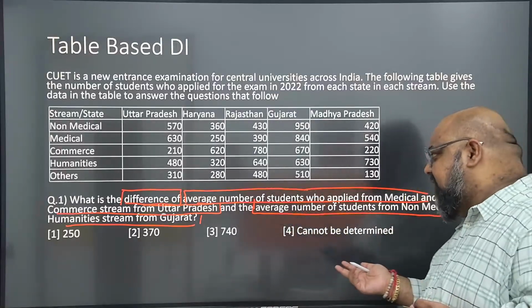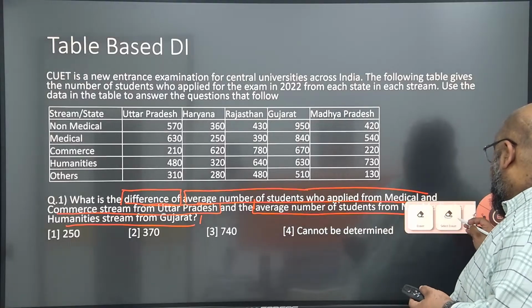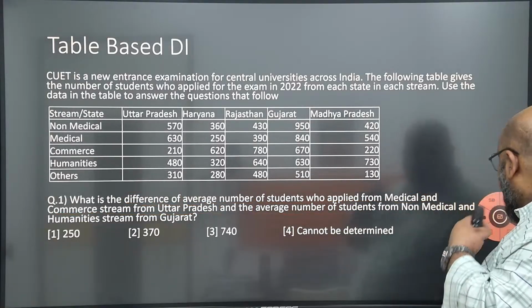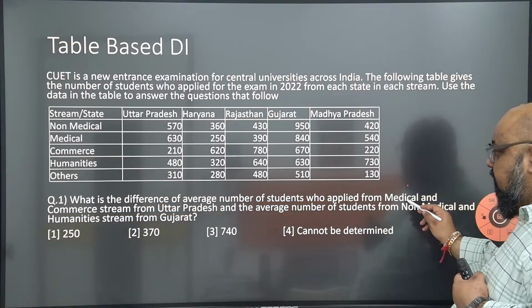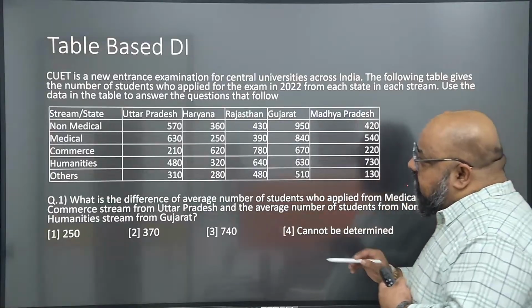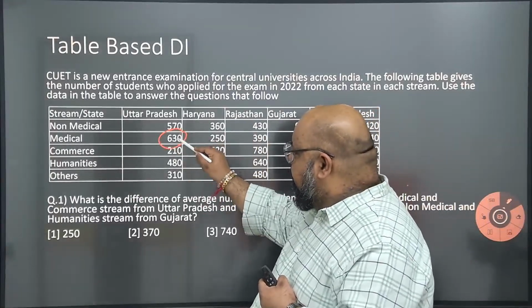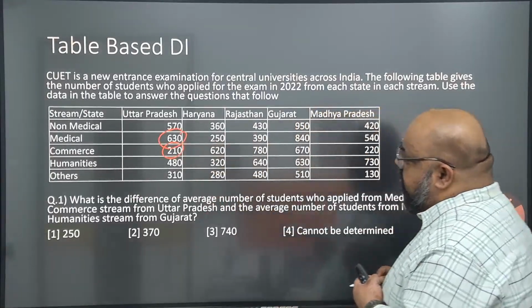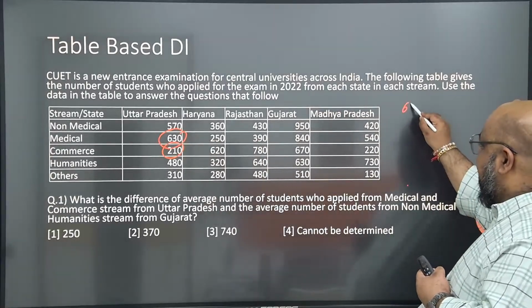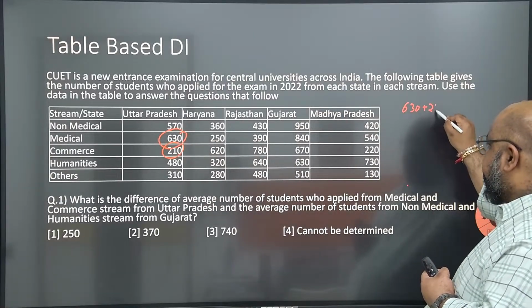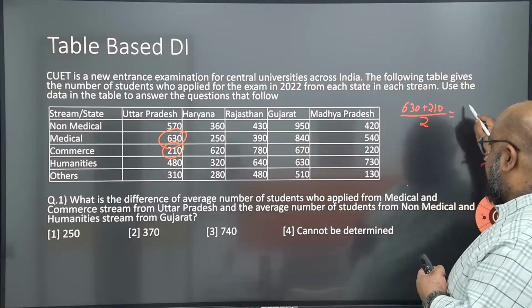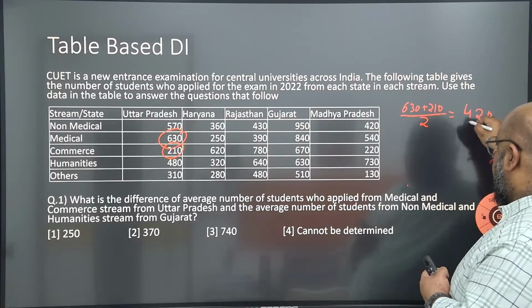Here, for example, कुछ ज्यादा करना नहीं है. Medical and commerce from Uttar Pradesh: 630 plus 210, इसका एवरेज तो 840 upon 2, 420.